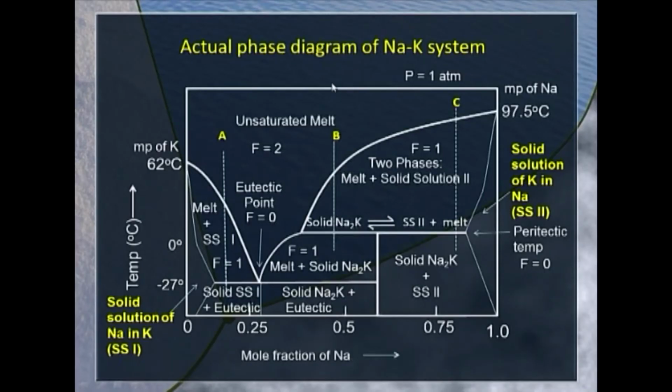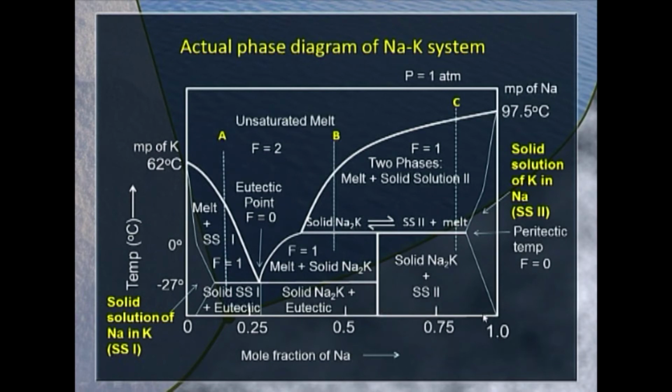Now, to give you a feeling, let us look at the complete phase diagram of the sodium potassium system. You can note the difference between the earlier diagram and this diagram, especially on the two sides. You have regions corresponding to the formation of solid solution between sodium and potassium. This arises due to the partial miscibility.